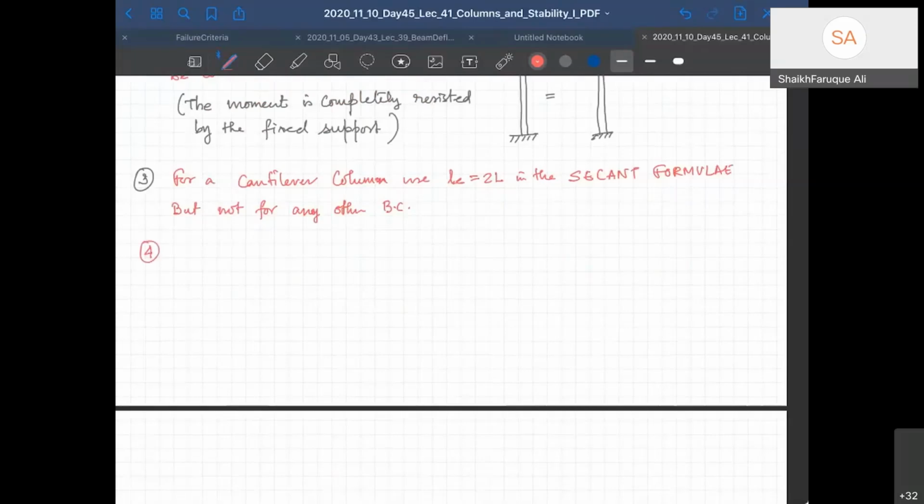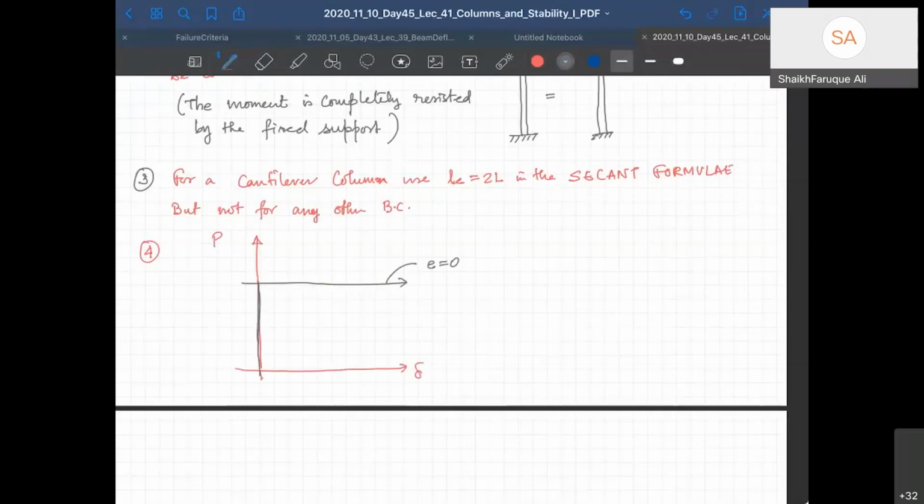Fourth, and now if I draw the force deformation diagram, here it is P versus delta, not theta, delta. For an Euler buckling load, it was something like this, right? This was the ideal column, E equal to 0.